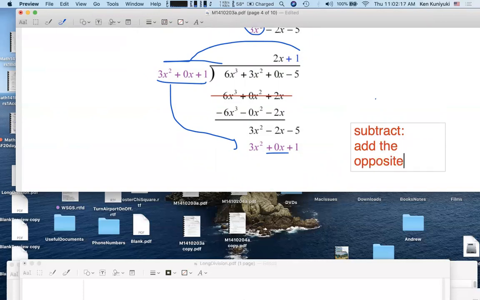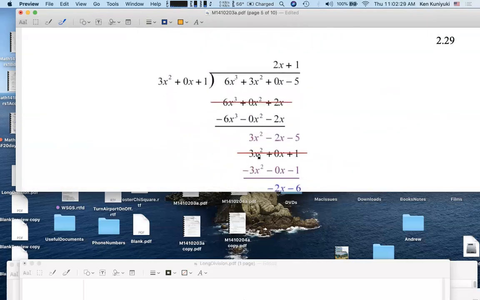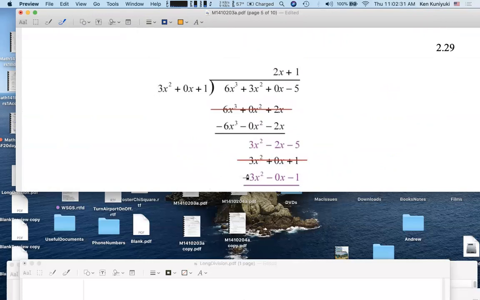Add the opposite. So I'm going to cross this out and flip all the signs. Again, some students might just do this, but I think that's a little micromanagey. I write the opposite first, then I cross it out because you might cover up some negative signs here. So we write down the opposite, negative 3x squared minus 0x minus 1, then cross that out.